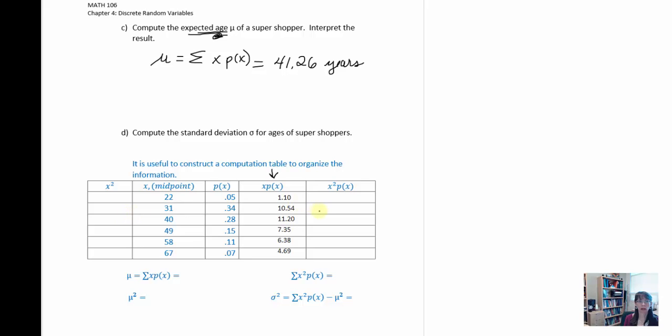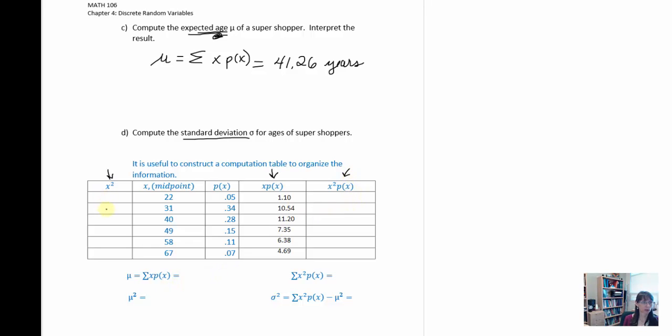Now you see we have some other columns in this table to fill in, and that will help us to find the standard deviation. In order to calculate the standard deviation, we need the x squared value, and then we'll take that x squared and multiply it by the probability.